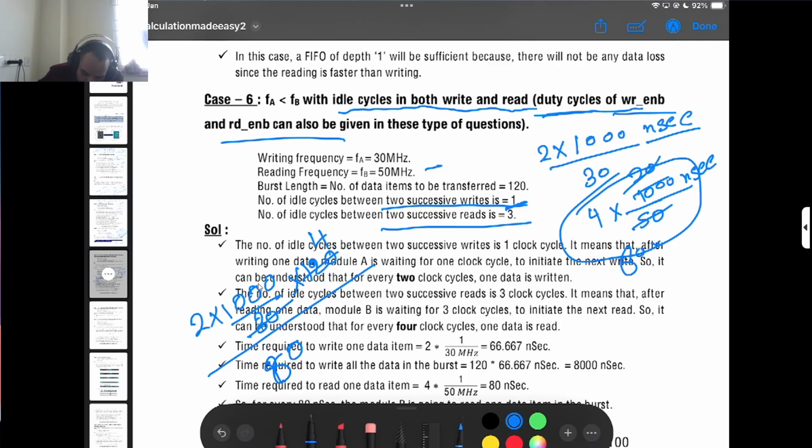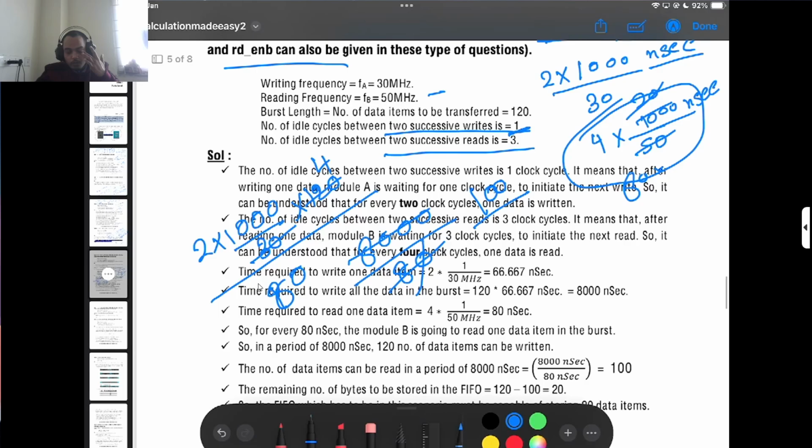So 8000 by 80 is 100. So 100 data can be read by module B.